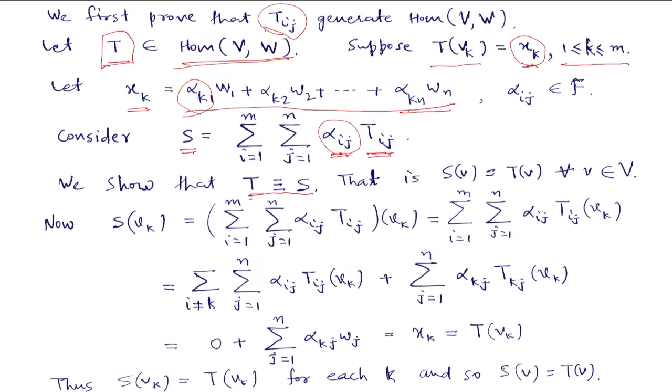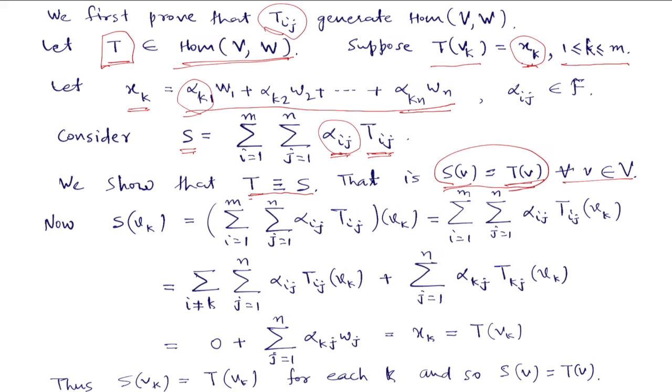To show that T is the same as S, we shall show that S of v is the same as T of v for all v in V. And to show this, it is sufficient to show that they agree on basis vectors. That means S of vi is the same as T of vi for all basis vectors vi.